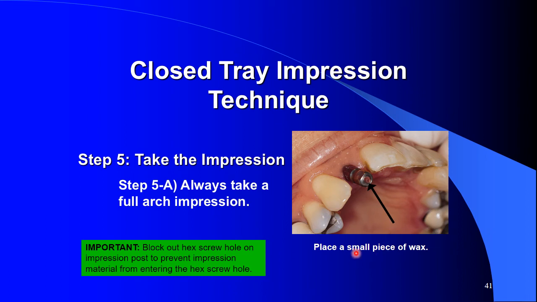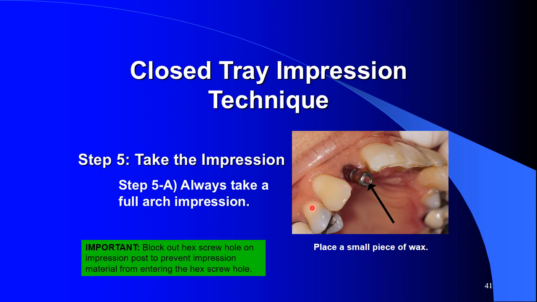Then we can close the opening in the head of the impression post with a small piece of wax, so that no impression material will be inside this opening and disrupt the impression. So we block it out with the wax.